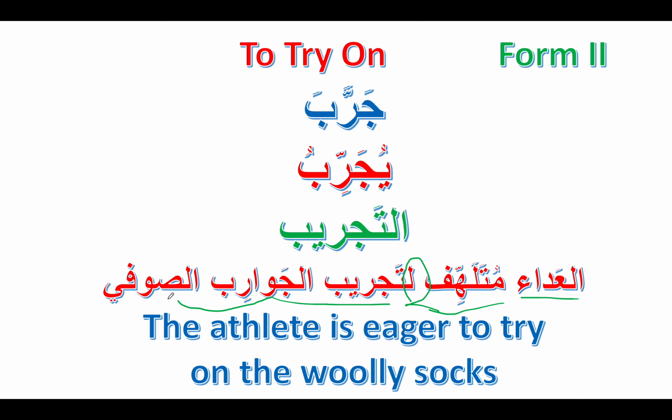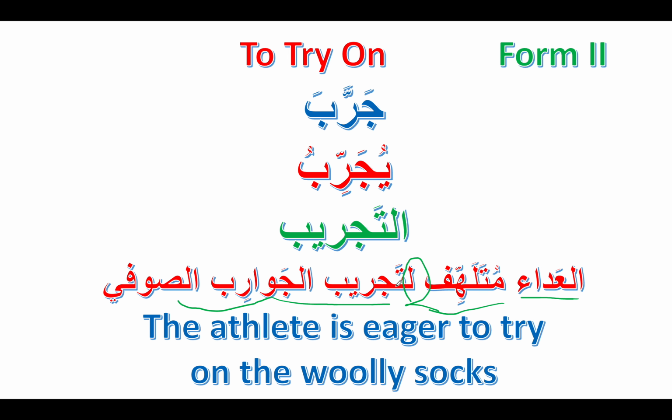Now, why is it not للتجريب الجوارب الصوفية? Why is there no L here, even though this is an idafa construction, and so it's a definite one, so all the nouns are definite? Well, it wouldn't be L anyway, but the li with L would be lil. Why is it not lil, it's just li? This is because in idafa construction, only the final noun takes the definite article, even though the other nouns are definite.